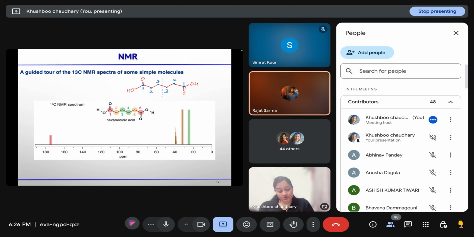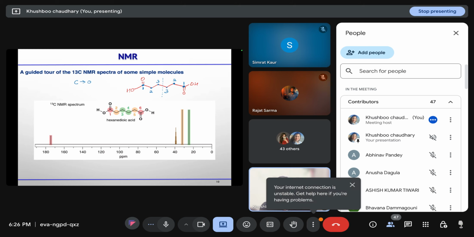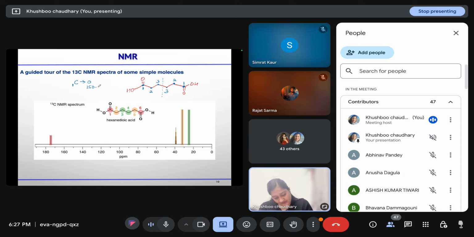So this carbon is attached to oxygen and through a pi bond, an unsaturated one. So carbon 1 will come in the region of 150 to 200, and it is coming here at around 170. So this is for the carboxylic acid.